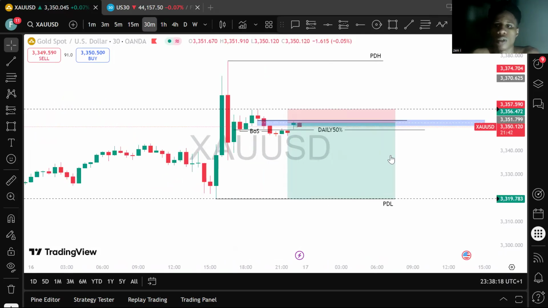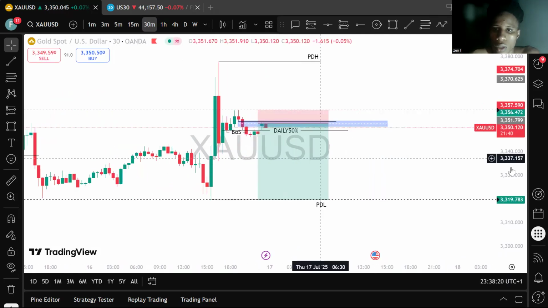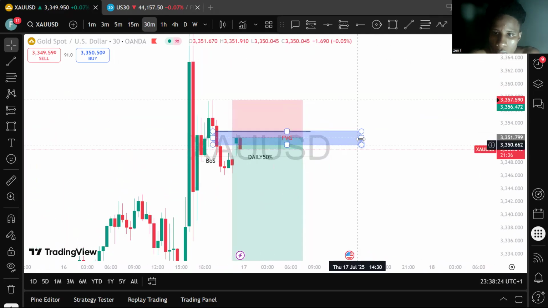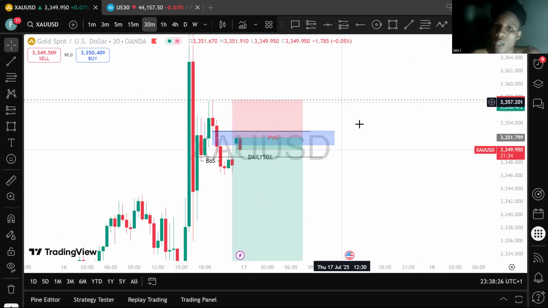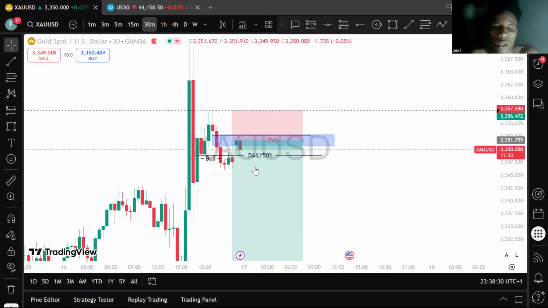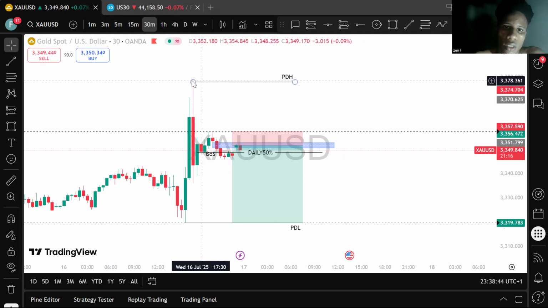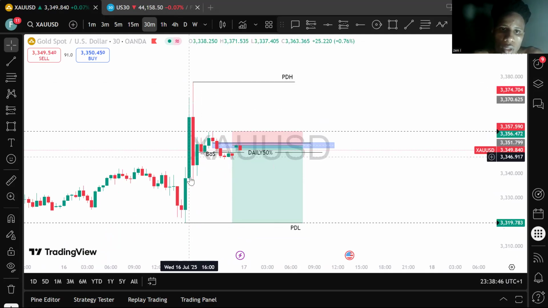Now I took my trade based off the 30 minutes time frame. On the 30 minutes time frame, I saw what we saw on the 1 hour. After price came up, it crashed.